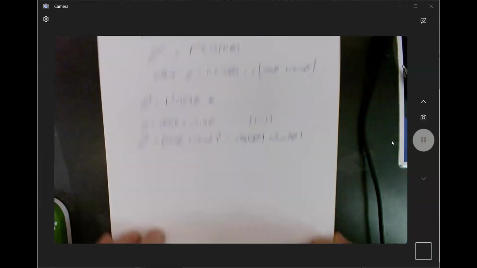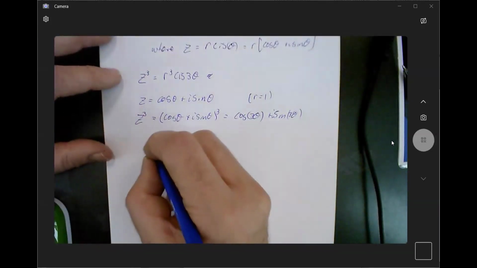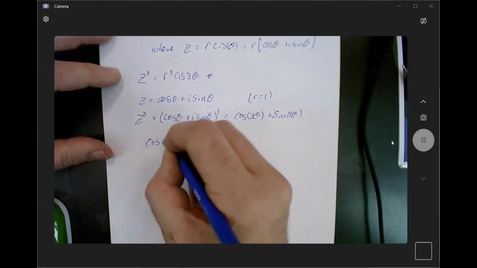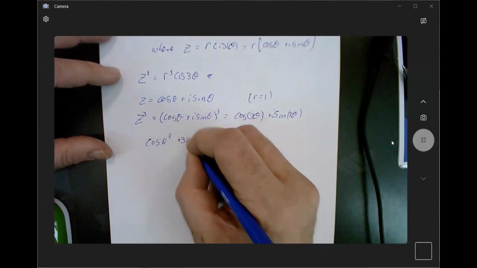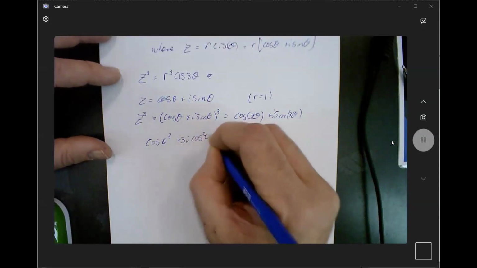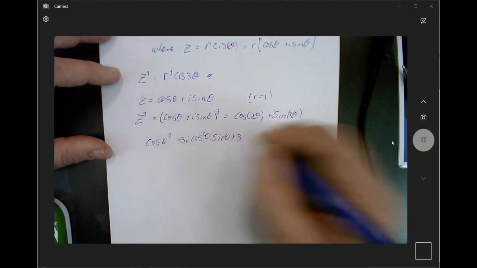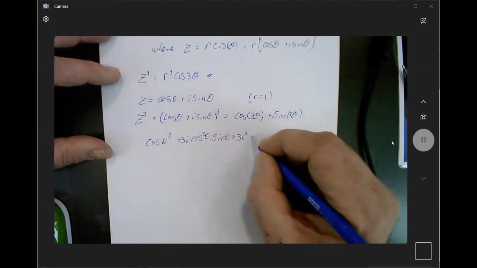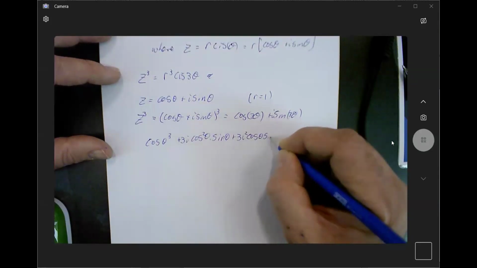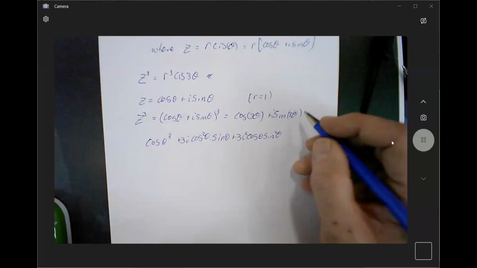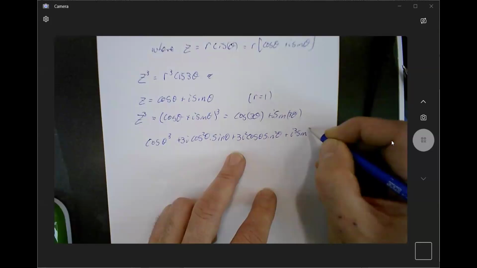Now, I've deliberately done something a little bit unusual, but I can expand this out. This is going to be cosine cubed theta plus 3i cosine squared theta times sine theta, plus 3i squared cosine theta sine squared theta, plus i cubed sine cubed theta.